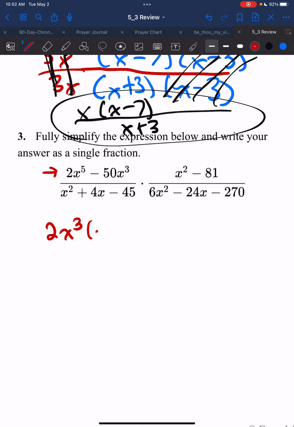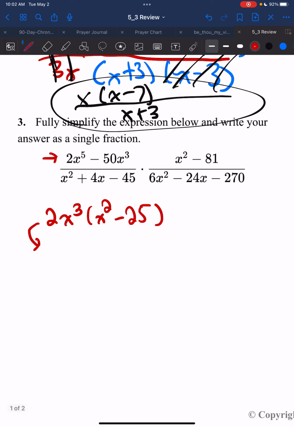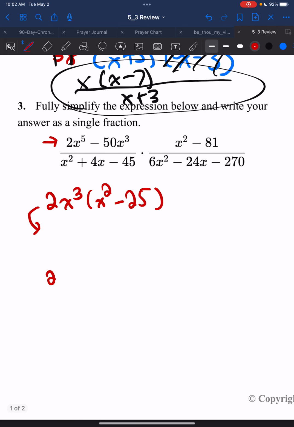And that leaves me with x squared minus 25. Oh, x to the third. Yep, x squared minus 25. Okay. And then I know that I can go ahead and simplify this to 2x cubed, x plus 5, x minus 5.